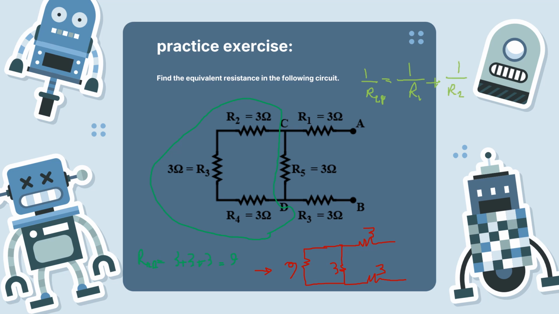So we can simplify it like this. R equivalent, I want to reverse it, just a simple math. So it should be like this: R1 times R2 divided by R1 plus R2.